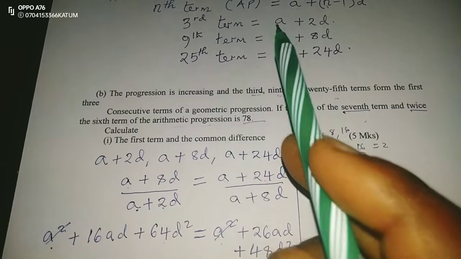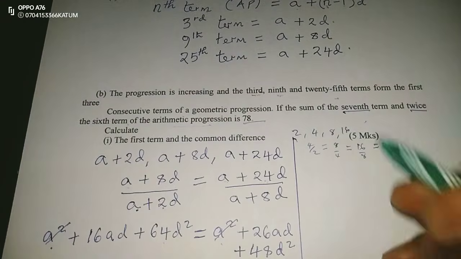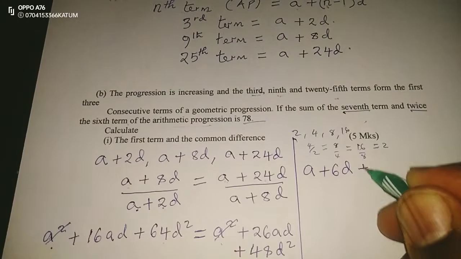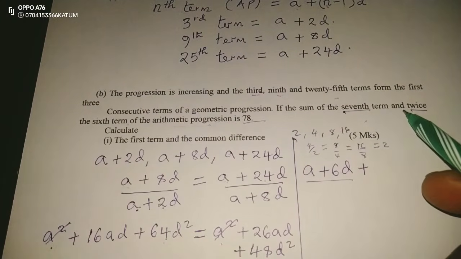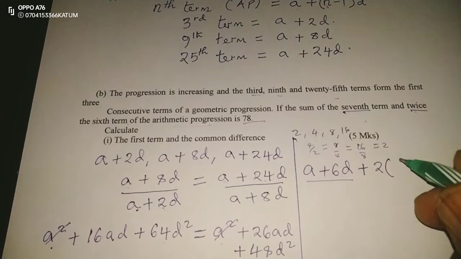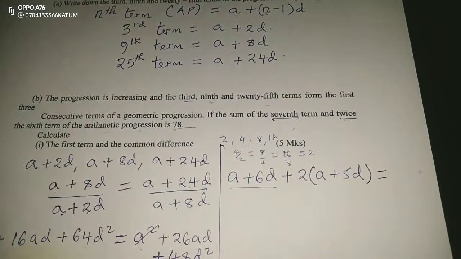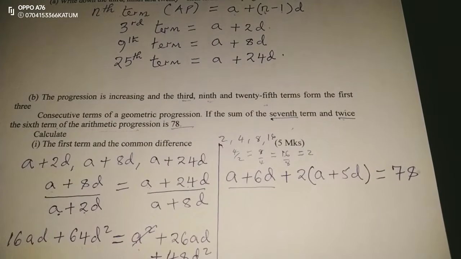This is the arithmetic progression we are talking about in part A. That means we take the 7th term, a plus 6d, and we add twice the 6th term, which is a plus 5d, and we are supposed to get 78.